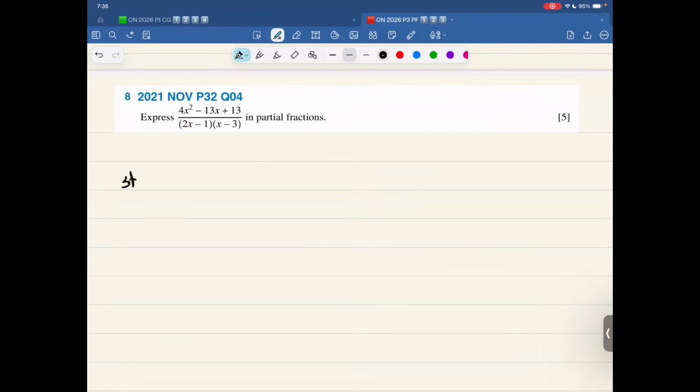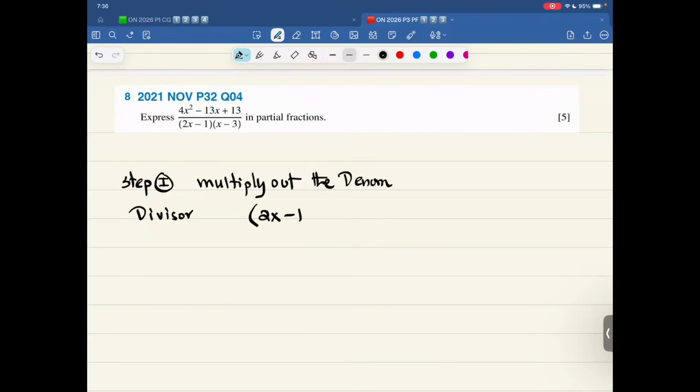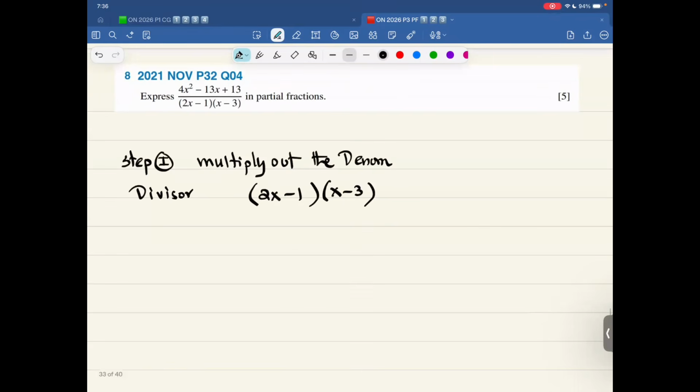So step one of case 4 is multiply out the denominator. The divisor is actually 2x minus 1, x minus 3, multiply it out for the purpose of long division.